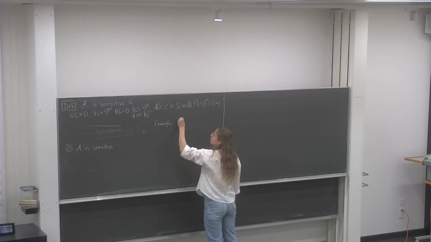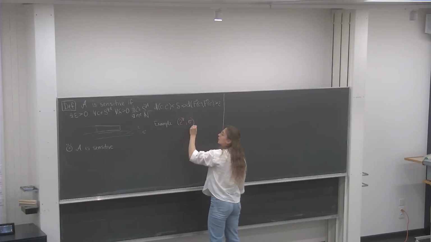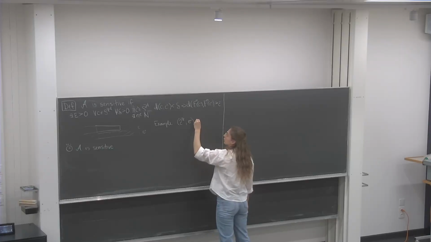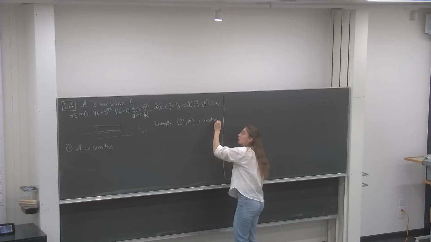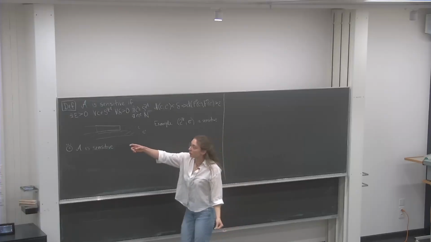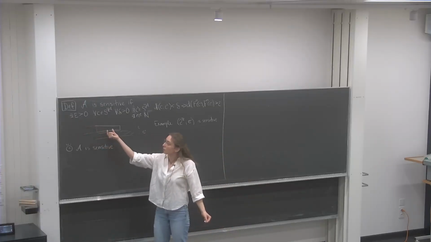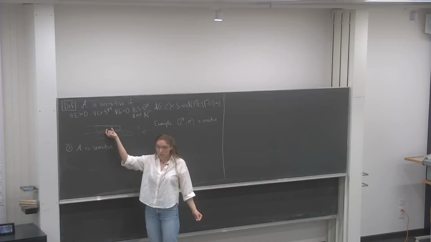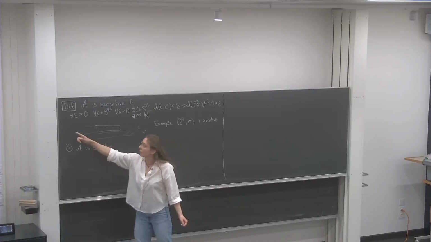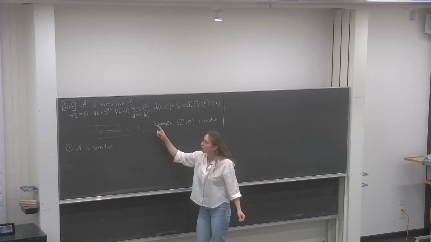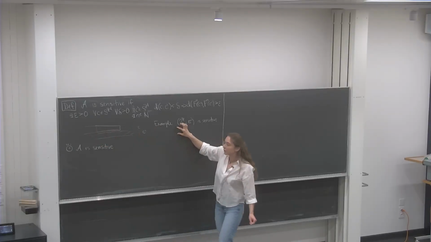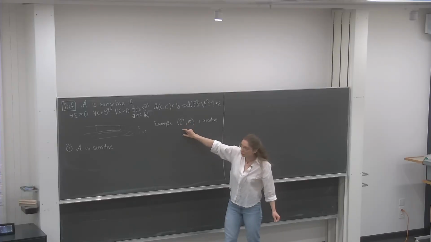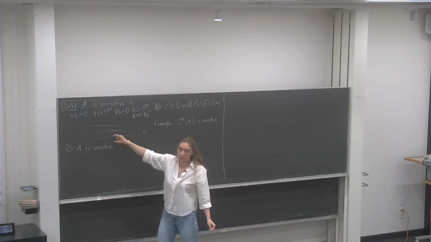For instance, the binary CA and the left shift is sensitive. Why? You can just even pick this epsilon to correspond to the finite resolution window being just the single cell at the origin. And no matter what delta you choose, you can always find two configurations that are the same on this window but will eventually differ somewhere to the right. And this difference, as the shift continues, will eventually manifest at 0.